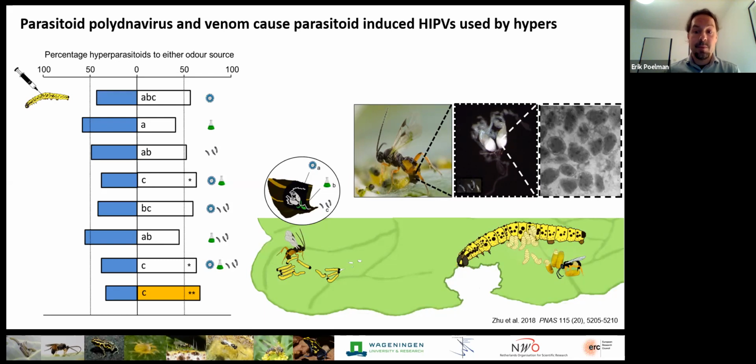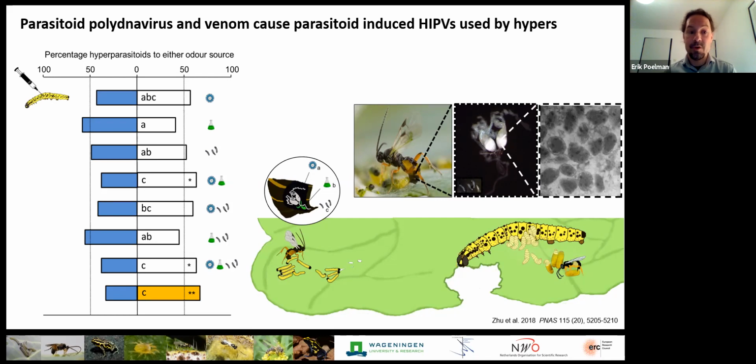And then the plant would be induced by these caterpillars, and we asked the hyperparasitoid whether it could discriminate between these two situations. The lowest comparison that I show you here in orange is the actual response that we already knew from an intact parasitized caterpillar.